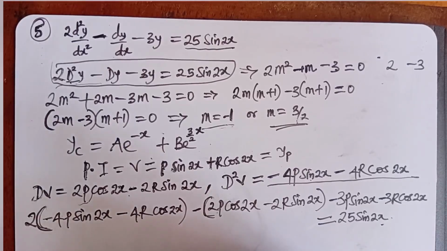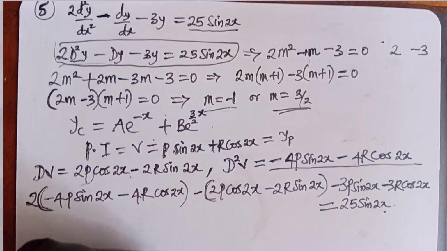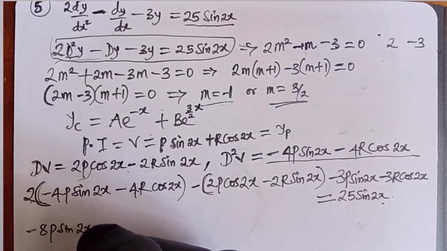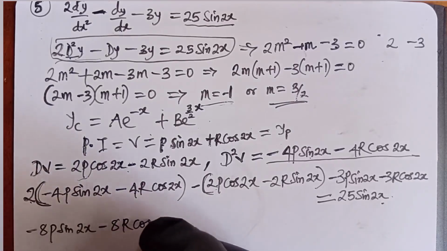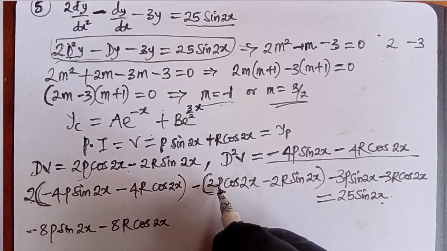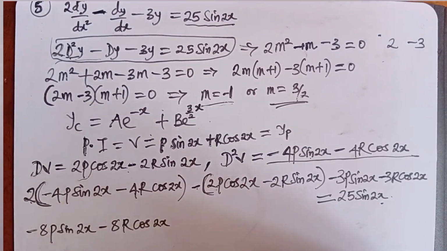I'm going to open the bracket now so that I can equate coefficients that correspond. 2 times minus 4p is minus 8p. Let's go. Minus 8p sine 2x. 2 times minus 4r is minus 8r cos 2x. Okay, minus 2p. The minus goes inside the bracket.